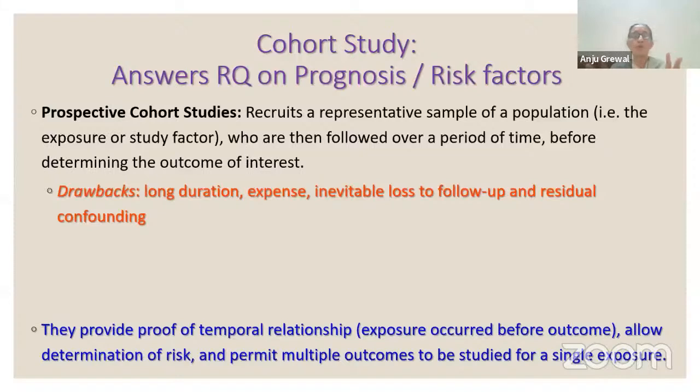So I recruit a representative sample of mothers undergoing elective cesarean sections, a sample that has had hypotension, and a sample that has not had hypotension. That would be retrospective. I go retrospectively and look at the risk factors. What were the risk factors? And of course, I'll have to rely a lot on the accuracy of records.